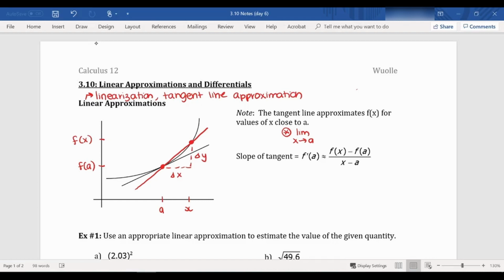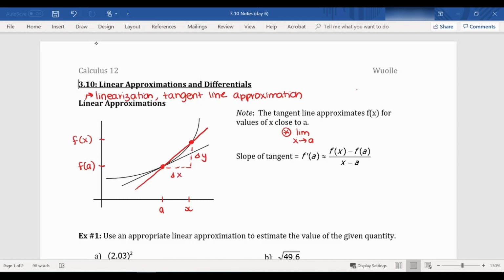Now I can rearrange this, and the reason I'm going to do that is to isolate my f of x. So basically, if you have an f of x you're trying to find, but maybe it's an obscure value, but you know a nice point nearby, an a value nearby that is nice and neat, we can use f of a and f prime of a to help us determine our f of x.